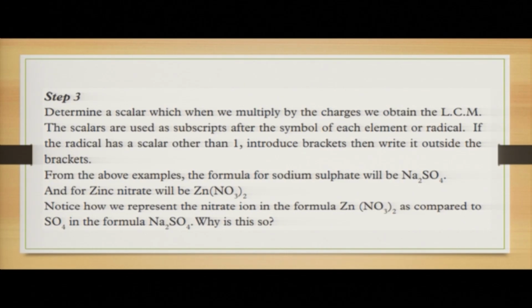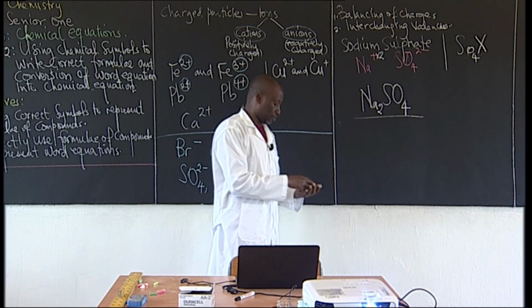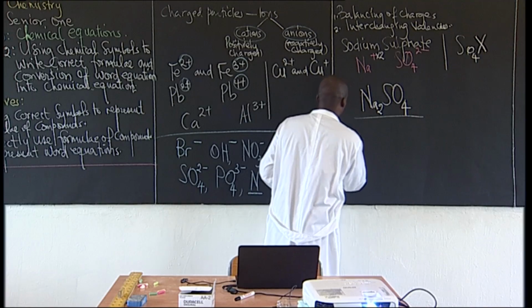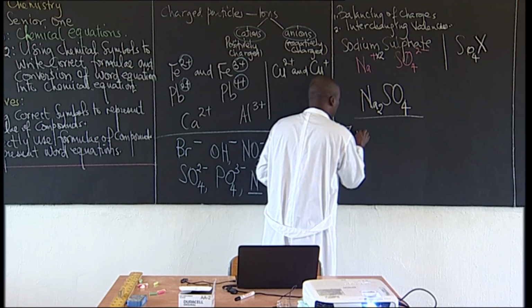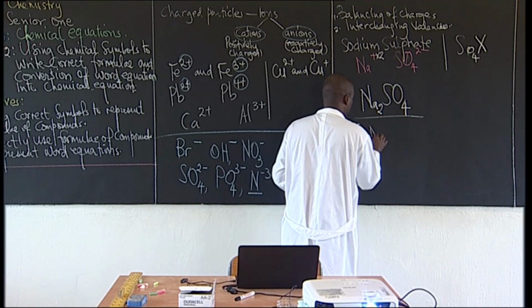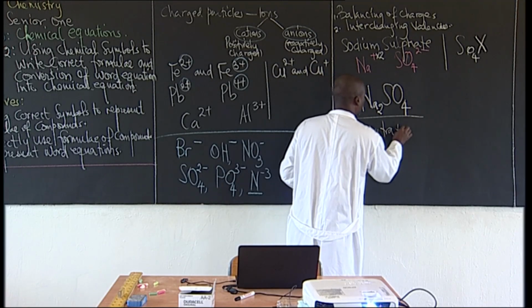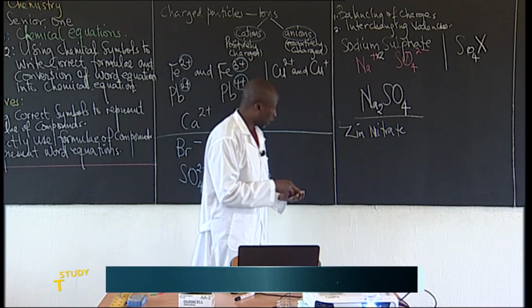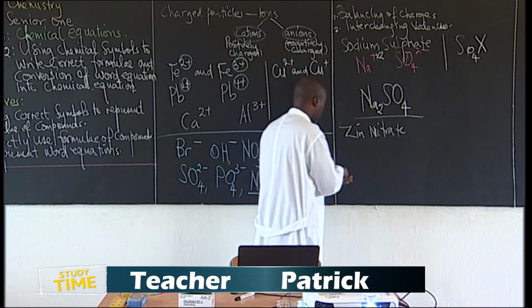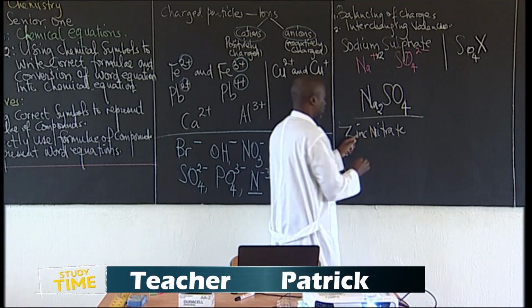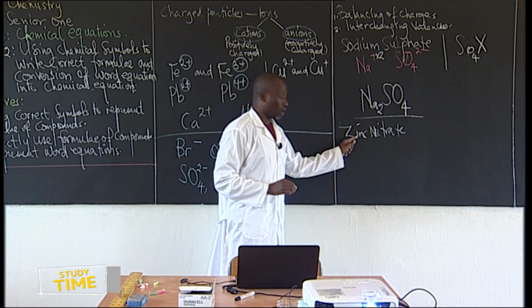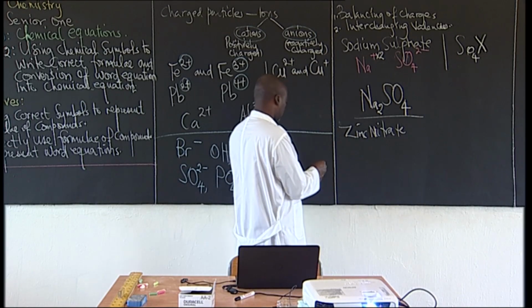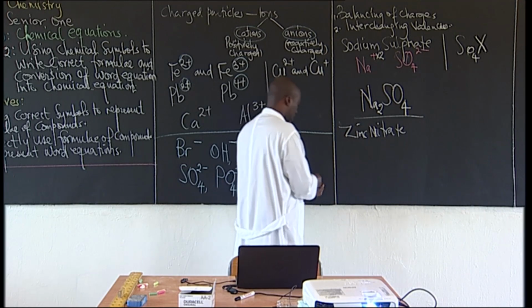Something very important, another one. Let me just give another example. Maybe you have zinc nitrate. Zinc nitrate is represented by, you need to know the formula for the zinc. Zinc is not zin, it was supposed to be zinc. So the zinc, what is the formula that represents zinc?